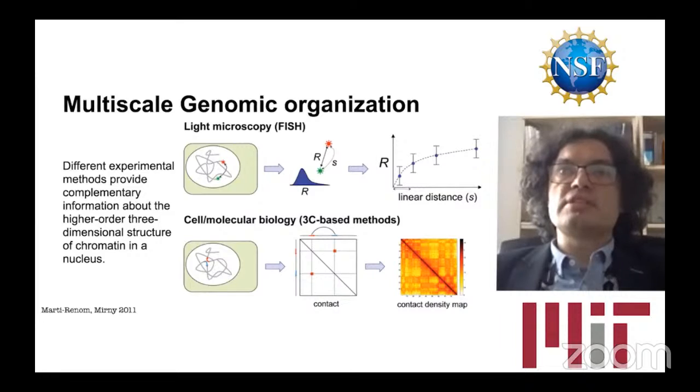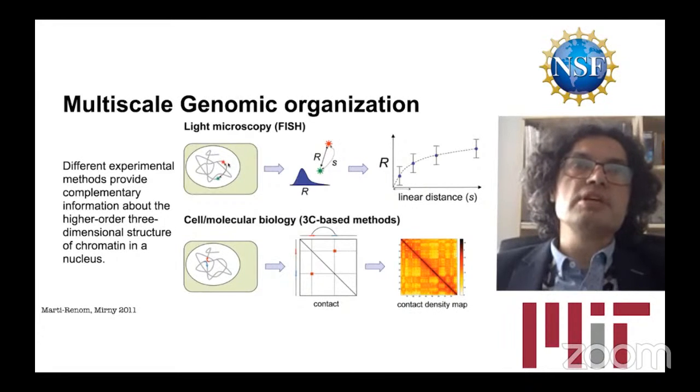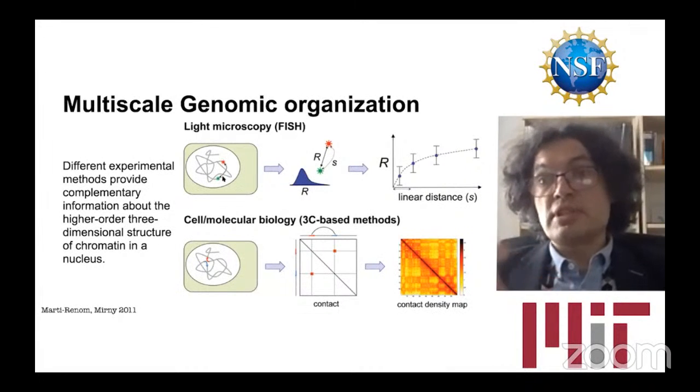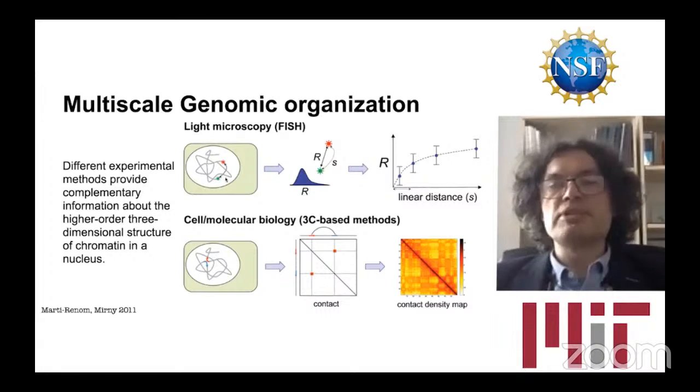The physical distance is R here, and S is the distance along the chromatin fiber. So you have to go through the whole fiber and calculate the distance along it.